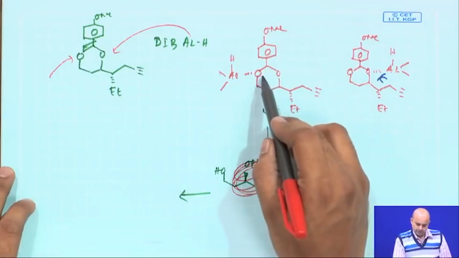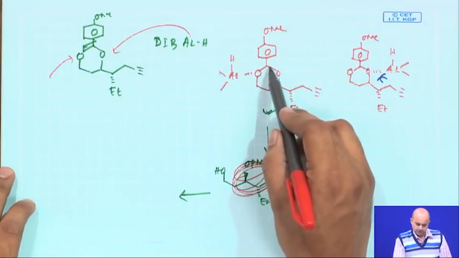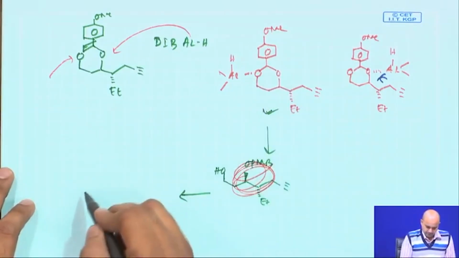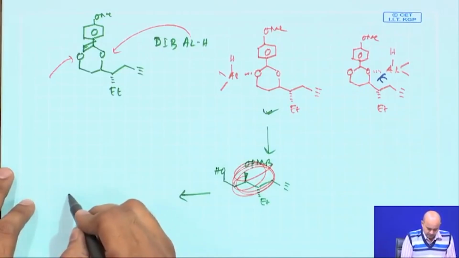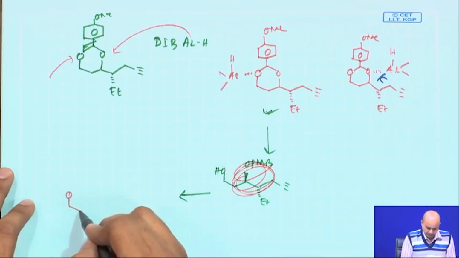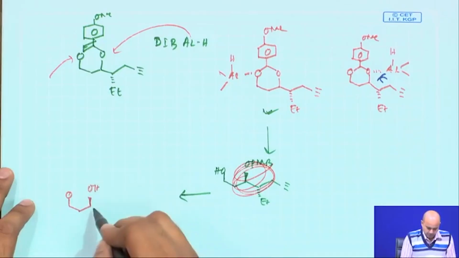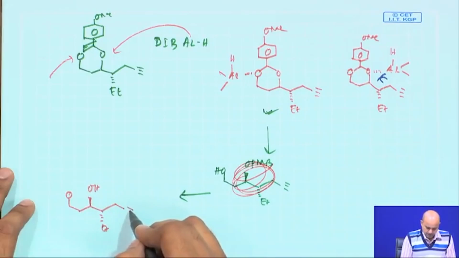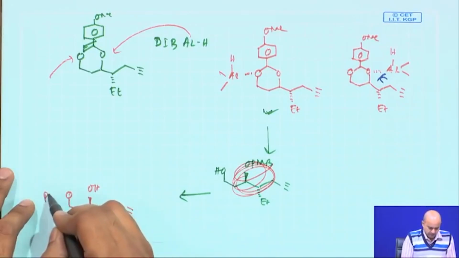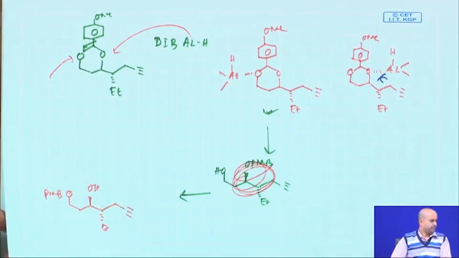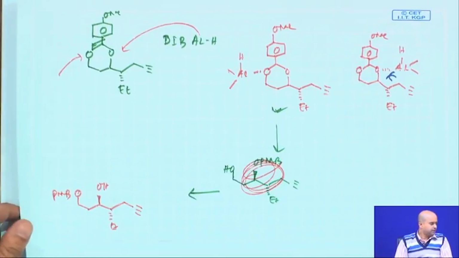So, here OCH2, yeah. So, you will now be getting this O, this OH, ethyl, yeah, OPMB. So, these things you have now got, and then what next is required?